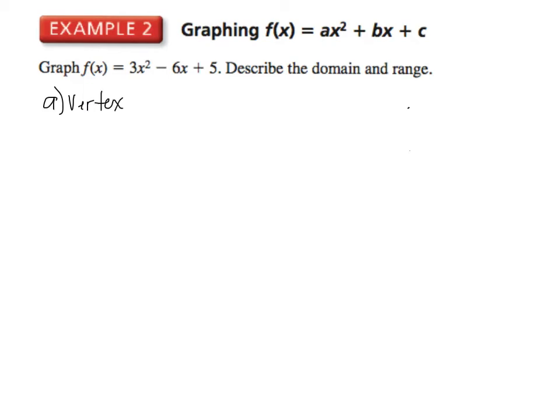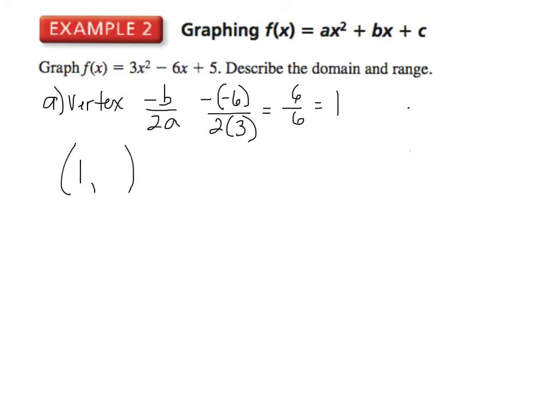So I plug in negative b divided by 2a. Well, b is negative 6, so that would give me negative times a negative 6 divided by 2 times 3. That would give me 6 divided by 6, which means that 1 is the x value of my vertex.